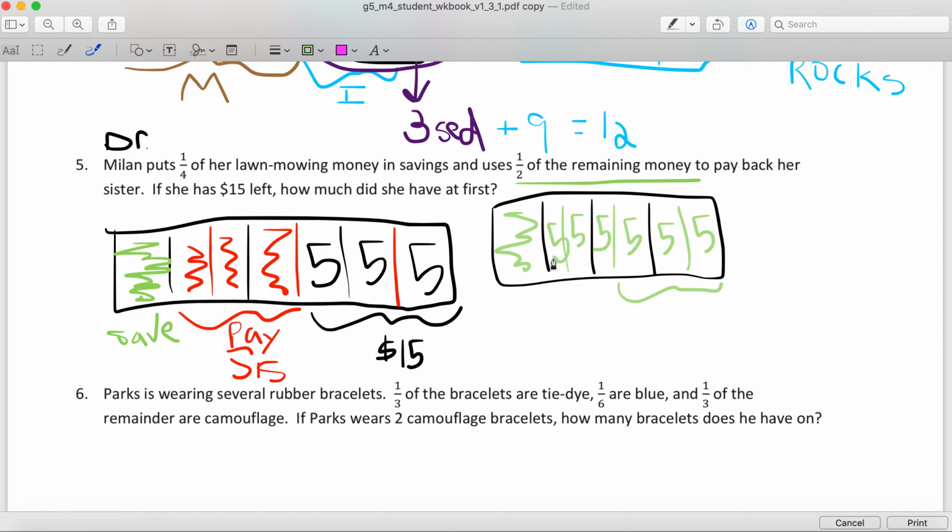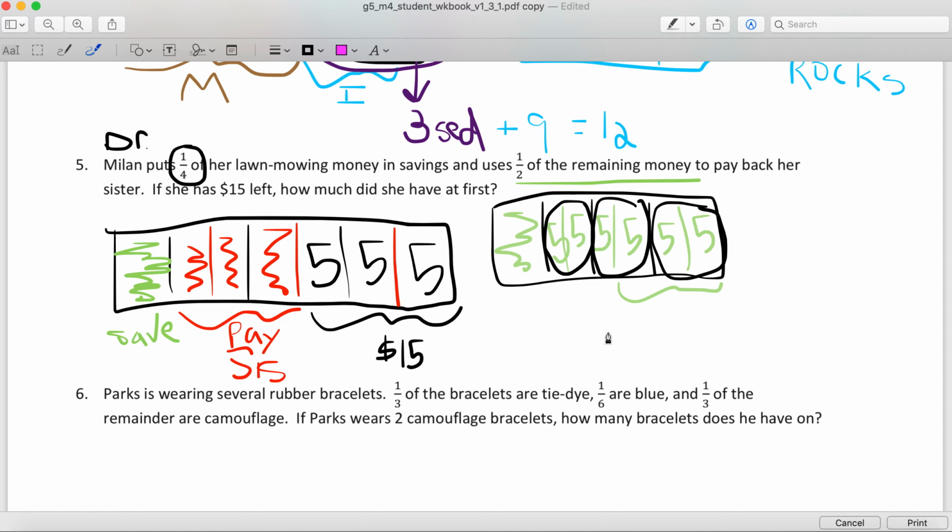I'm going to circle it now in black. This was our original 4th. 1, 2, 3, 4. That was our original 4 parts.